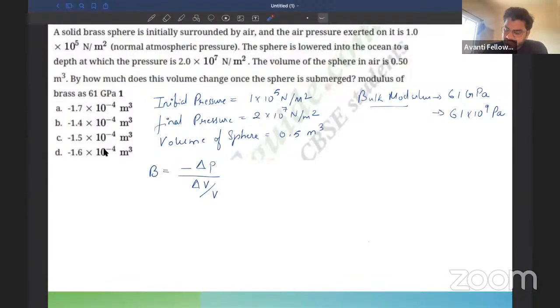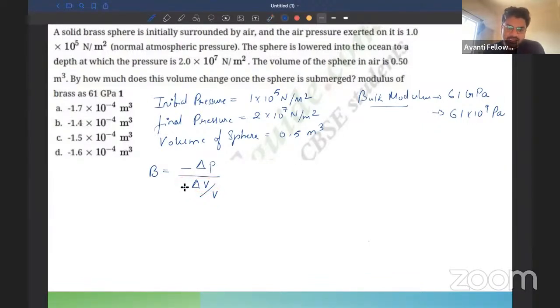Original means initial volume. What we have to find here is the volume change when the sphere is submerged. So change in volume is this one. This we have to find.